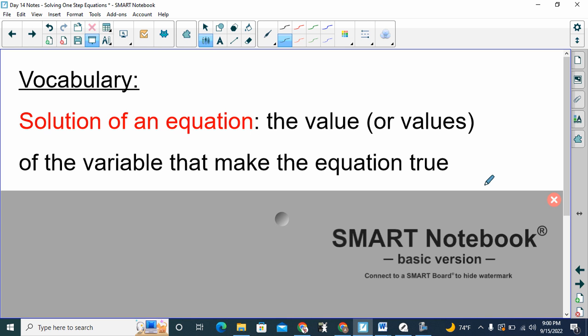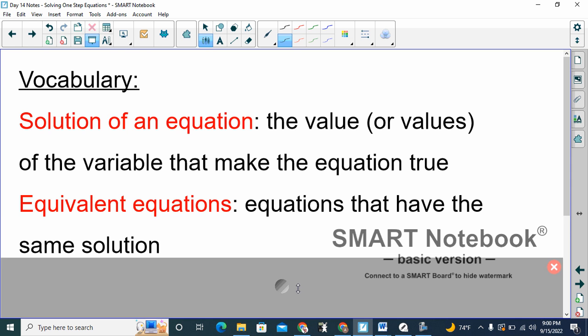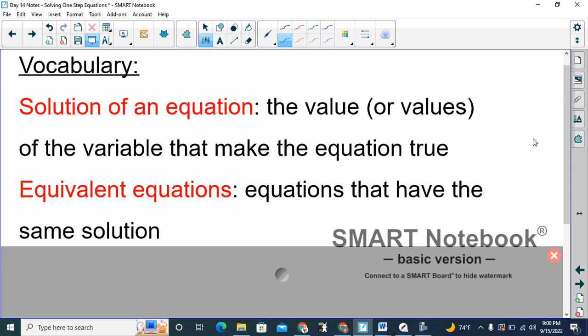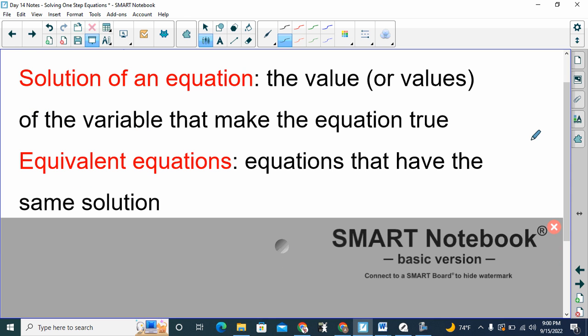Almost word for word what we wrote on the previous slide. Equivalent equations are equations that have the same solution.